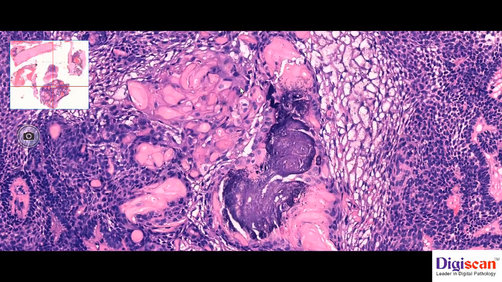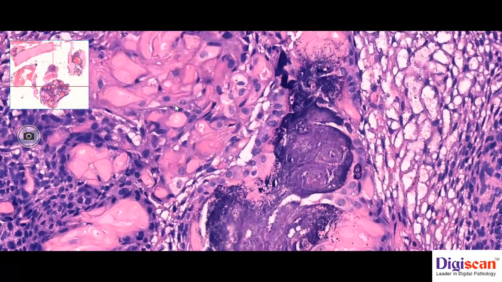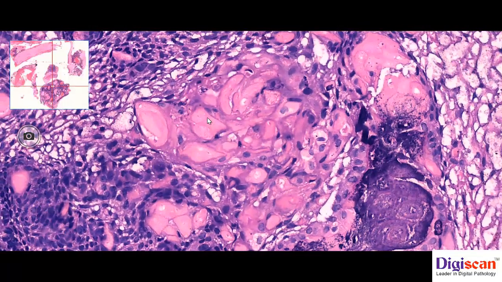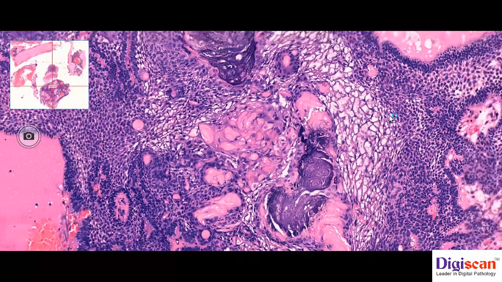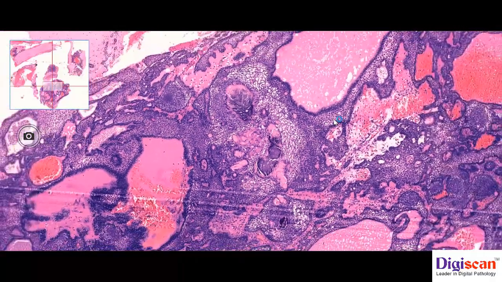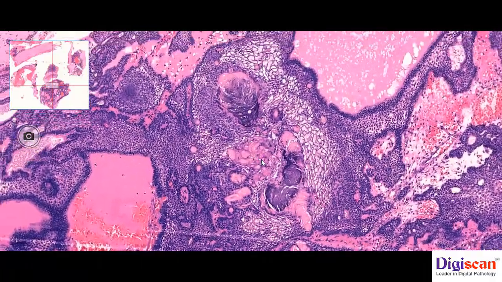Here we still have retention of the nuclei, showing that these are epithelial cells, and these cells have lost the nuclei and the structure. Because of loss of nuclei, these are called ghost cells. So there is a collection of ghost cells here, and there is a calcification here. So we are now seeing the presence of ghost cells with calcification.